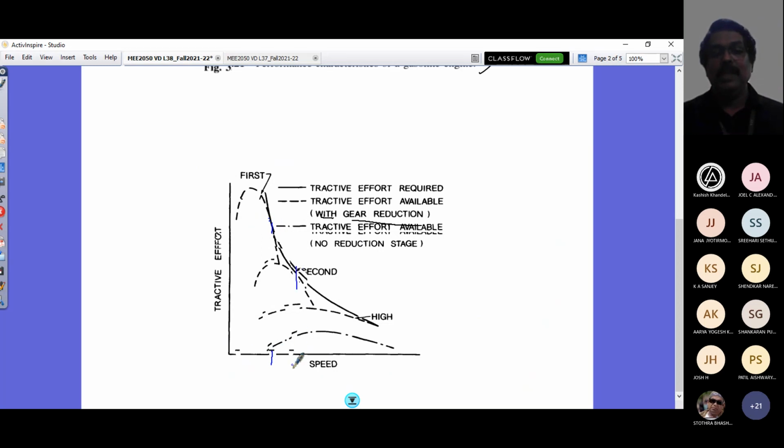So the next speed range is this. Next speed range is this. Like that, from this you are able to get your speeds, right? So this is enveloping. So first gear envelope and next. So you will be able to map the different speeds of these gears with this, right?